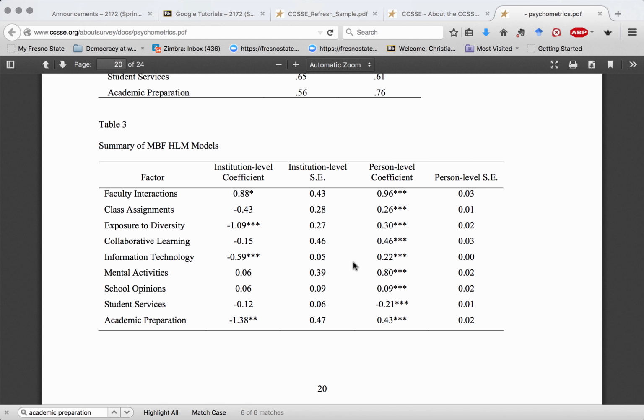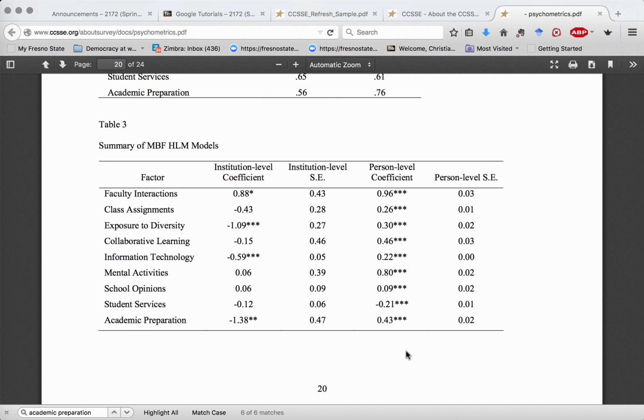And then again they talk about the person level, so that will be the individual student's interaction with the GPA, and then they came up with an institution level coefficient, so that will be the average faculty interaction in that institution with the average GPA, and those are these factors. And that's why you see some of these turn negative, because it's at the institutional level, so it's at the group level, which I don't think makes that much sense, but anyways, I think here we have the GPA.